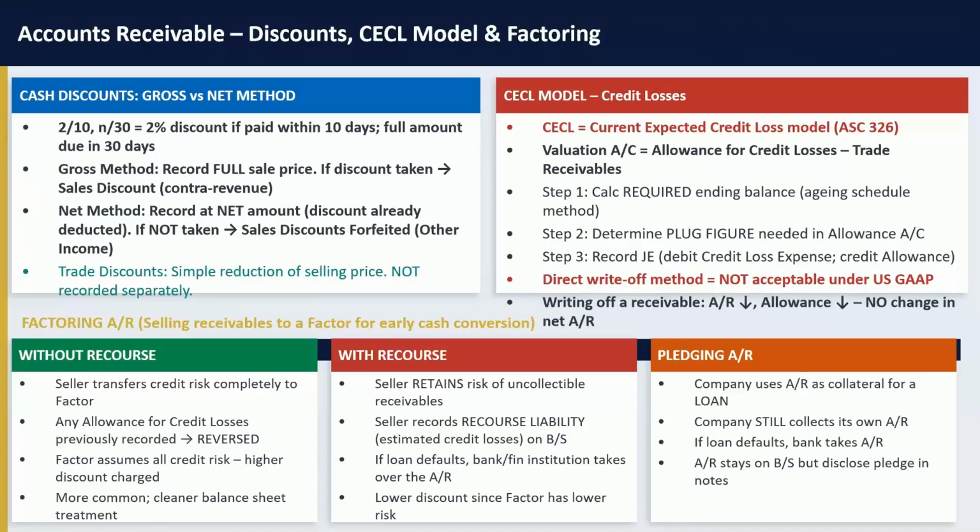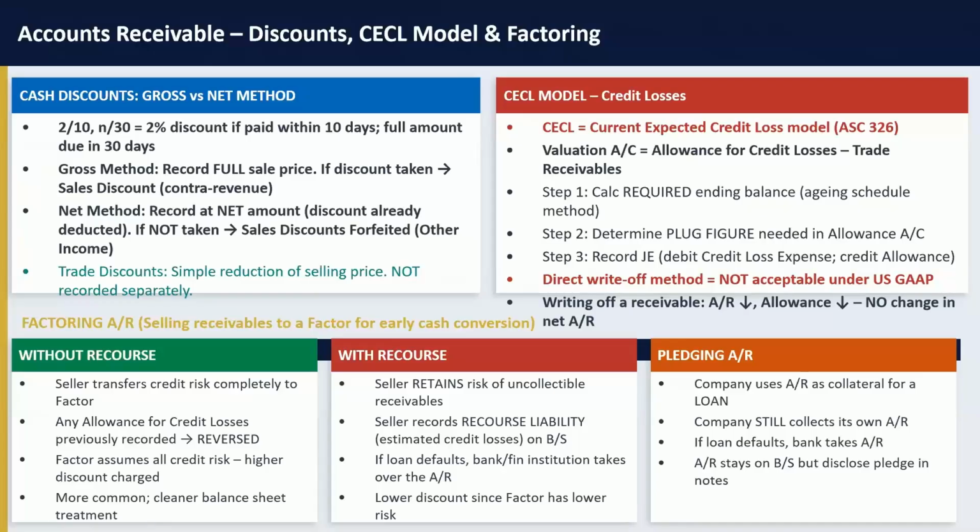Though your accounts receivable is 10,000, you will enter only 9,800 because you are assuming everybody will take the discount. Then what happens? Suppose your customers didn't take any discount, then you will consider the sales discounts as forfeited. That means your customers forfeited the sales discount. They didn't take the benefit of this. Now your net receivable amount again will be 10,000.